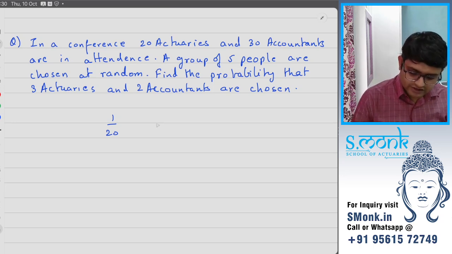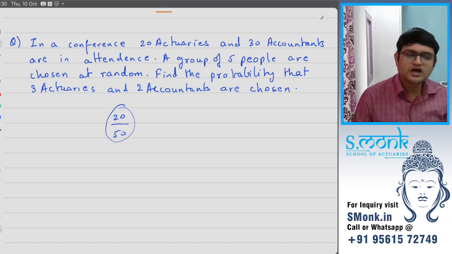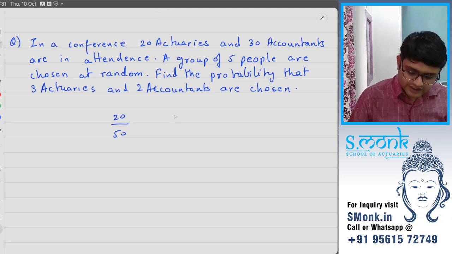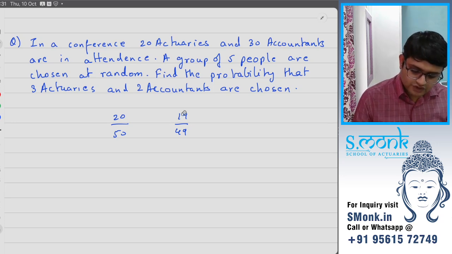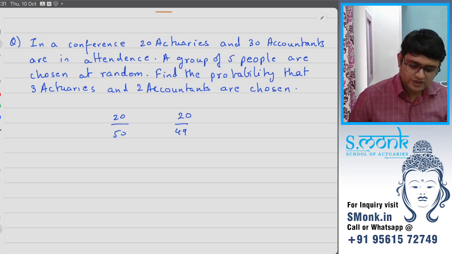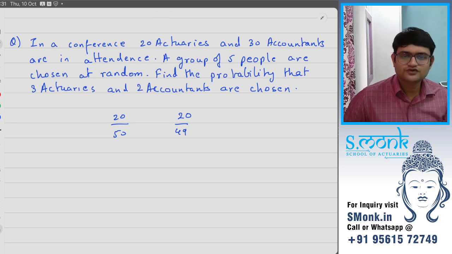Then for the second choice there will be only 19 actuaries left out of 49 total people. So clearly the probabilities are dependent on the previous choice. If an actuary has not been chosen in the first one, I will have the complete 20 actuaries to choose from out of 49 total people.